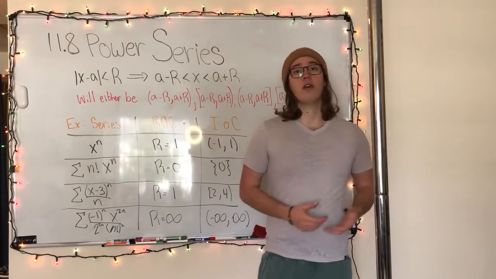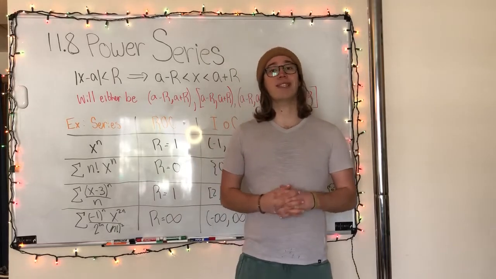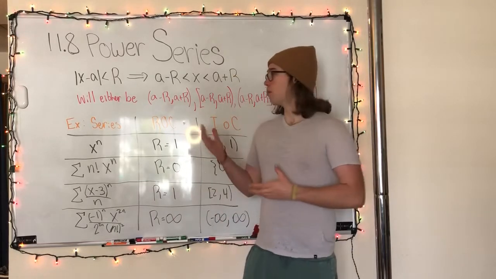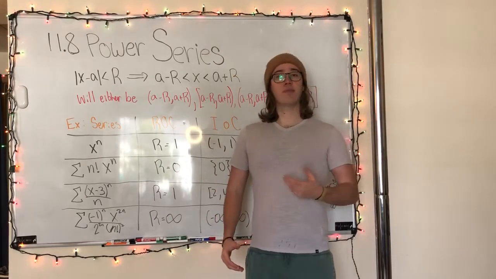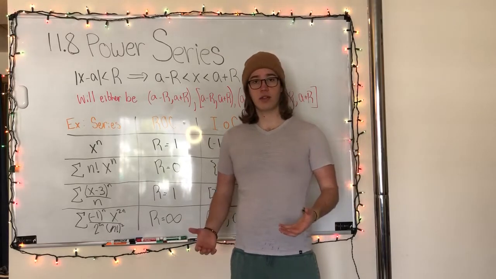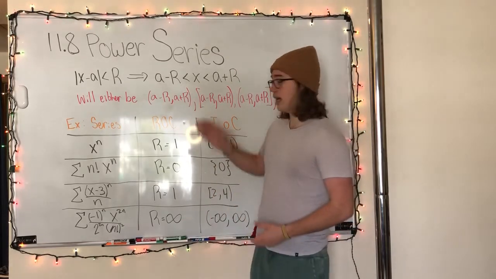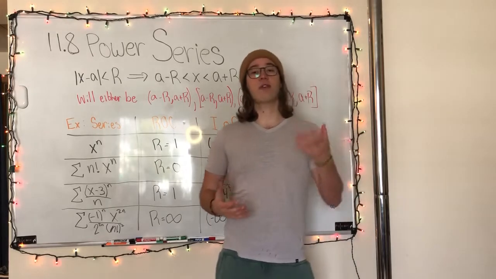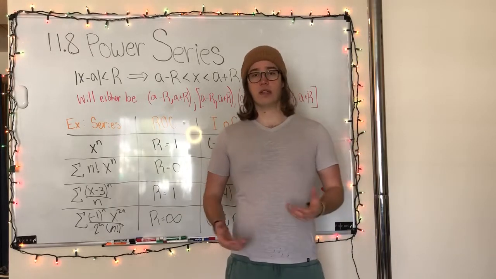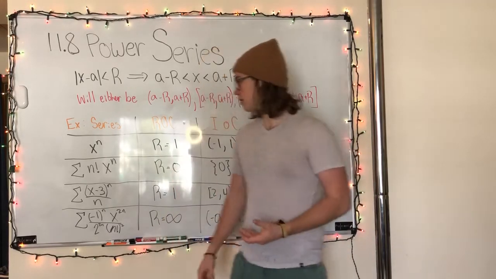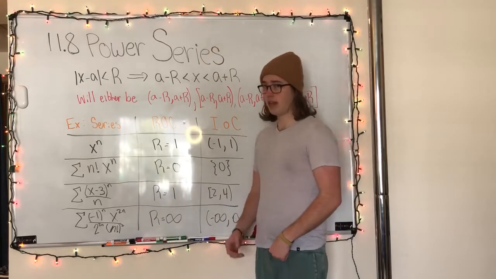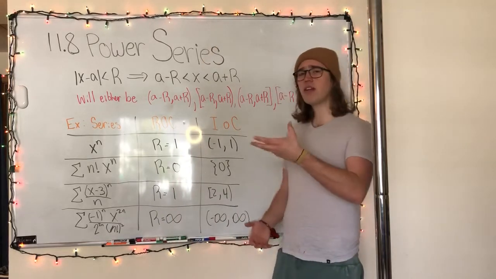Parentheses, as we know, for interval notation means that number is not included. Brackets mean our number is included. How do we test if numbers are included or not? Well, we plug in that x for the series and see if it converges. It's not too complex.